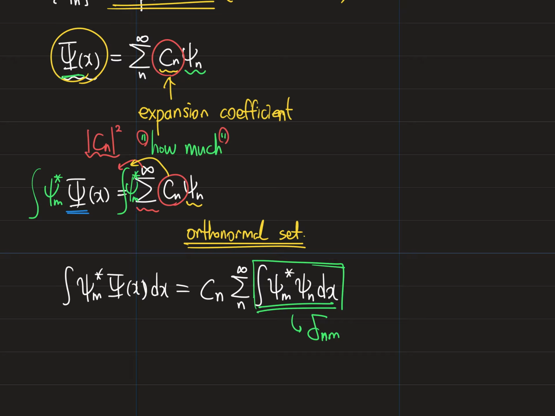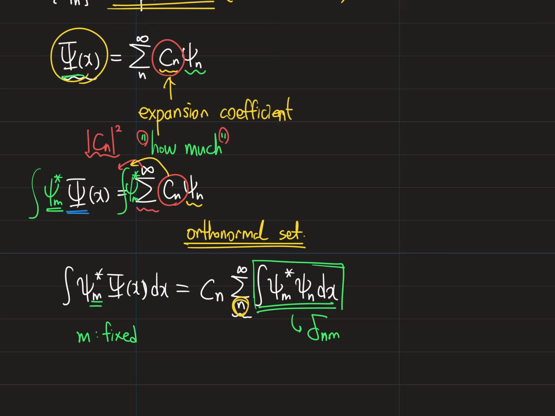And now we are going to take the infinite summation over the index n. So here, m is a fixed value, right? Because we select one eigenfunction, psi m, so m is the fixed index, but n is the summation index.